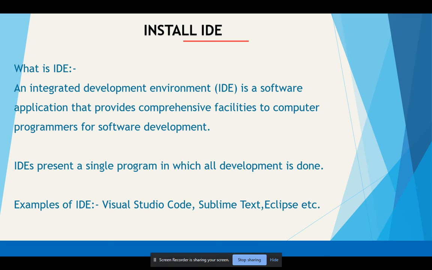And if you want to write JavaScript, you can make your JavaScript file also. So this is the functionality of IDE, that it provides you a single program in which all development is done. Okay, I hope you all are able to understand it.